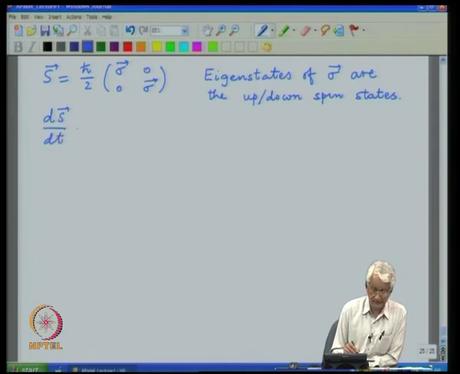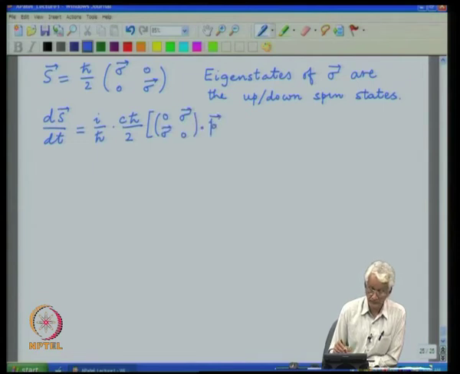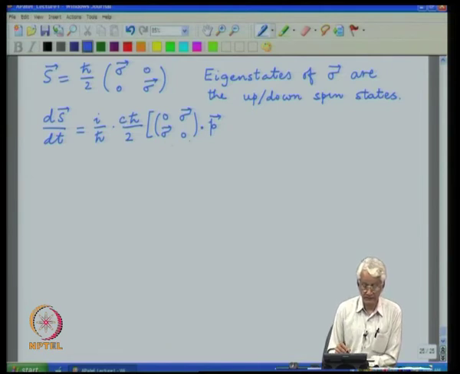So, this object is now the first term comes from the alpha dot p part of the Hamiltonian.